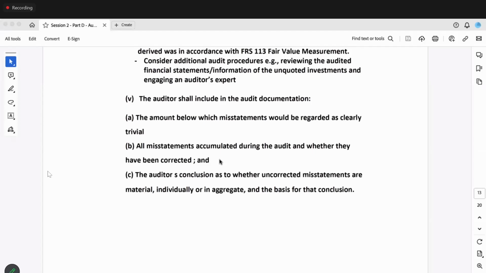So there are some items individually that are already material. Say, for example, I just give you an example, all right? This is qualitatively material when, say, during your audit, in your related party disclosure, the audit client did not disclose to you one of the relationships that they have that resulted in a lot of related party transactions.